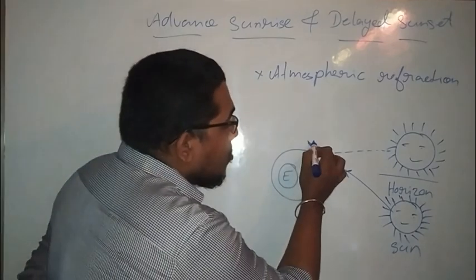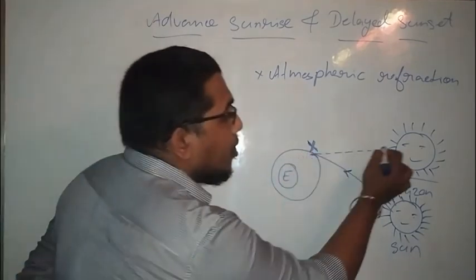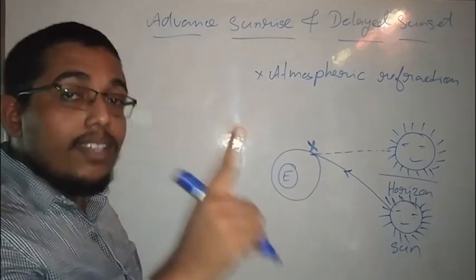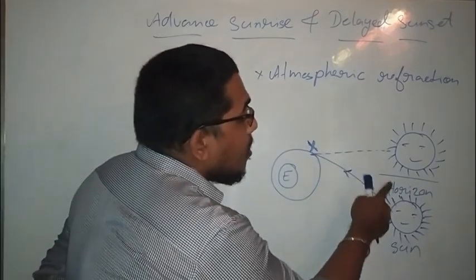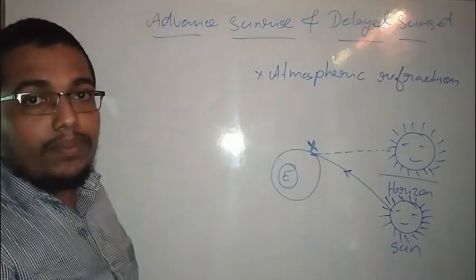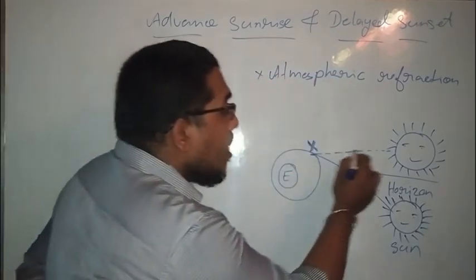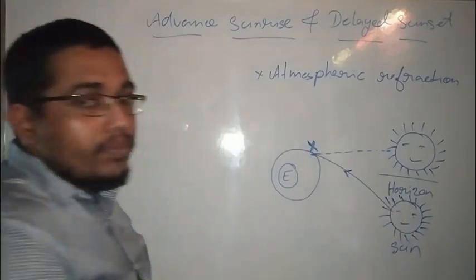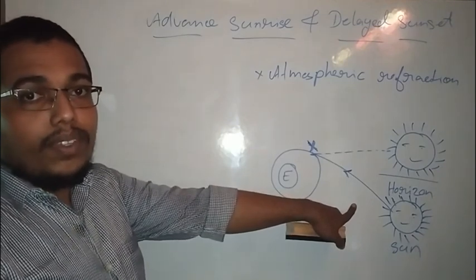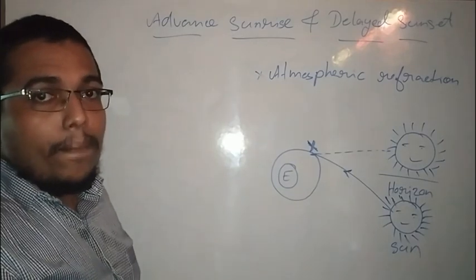So the person observing from this position X happens to see that the sun is just raised above the horizon. That is the reason why we are seeing the sun just above the horizon or 2 minutes before the actual sunrise. The same atmospheric refraction is the reason why the sun is appearing even after the actual sunset. Clear? So all these things are because of the atmospheric refraction.